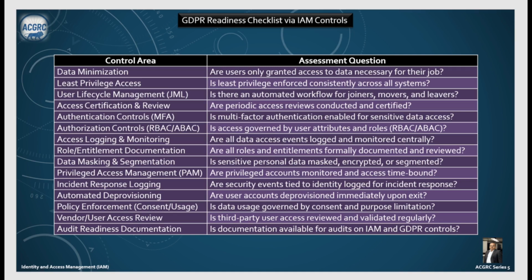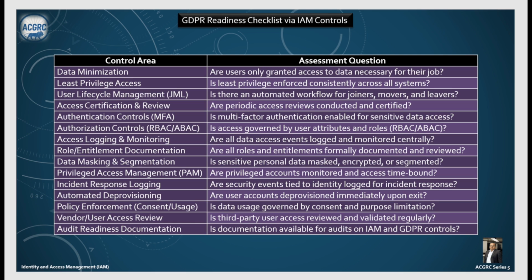Next question: is least privilege enforced consistently across all systems? Is there an automated workflow for joiner, mover and leaver? Are periodic access reviews conducted and certified? Is multi-factor authentication enabled for sensitive data access? Is access governed by user attributes and roles?